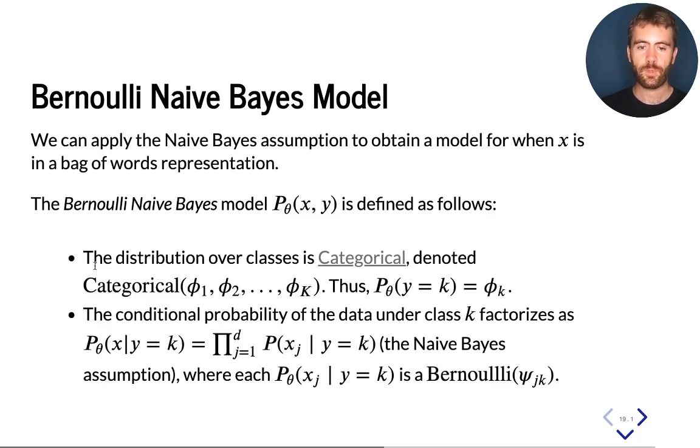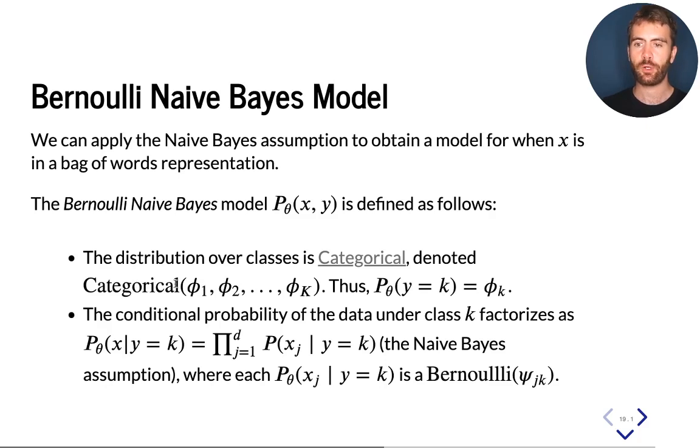First, at a high level, we're going to take the same strategy as we used to define the Gaussian discriminant analysis algorithm. We're going to define a probability over the y's, and then we're going to define a probability of x given y. And our probability over the y's is going to be the same as we had earlier. It's going to be a categorical distribution.